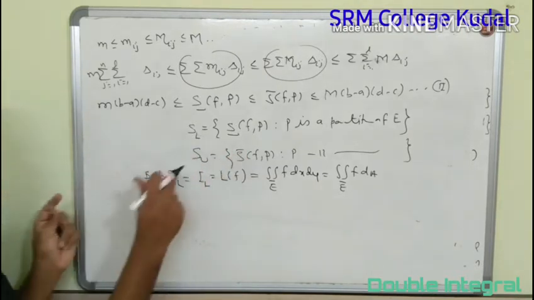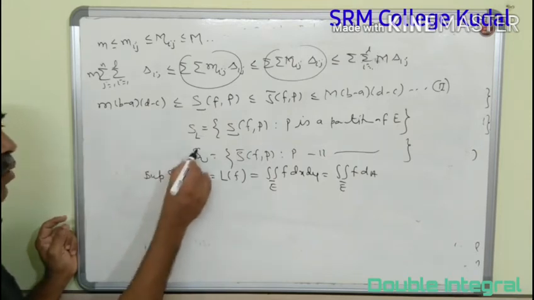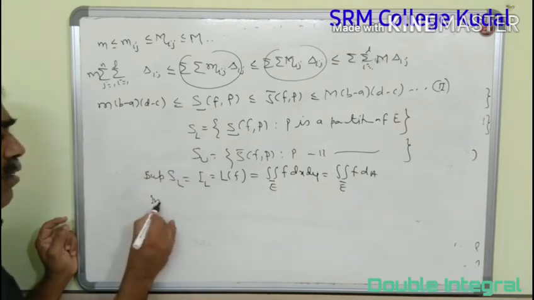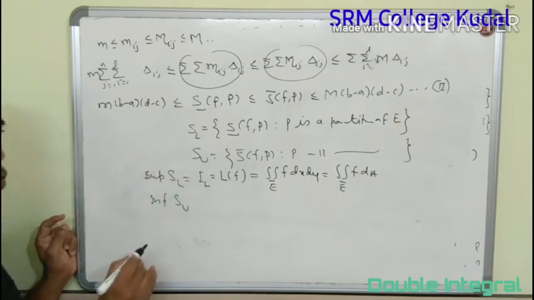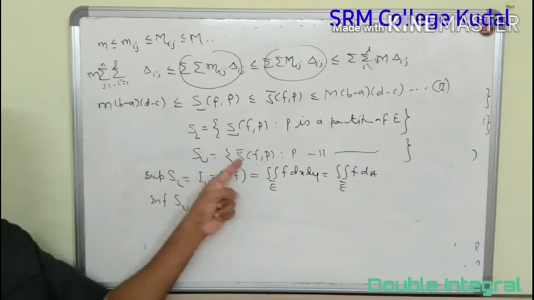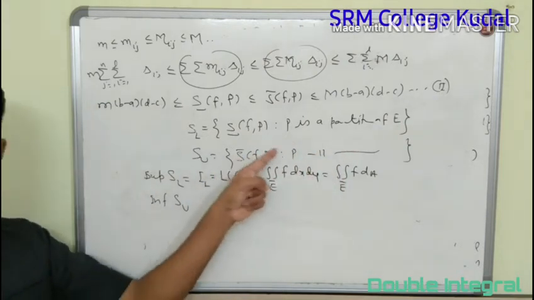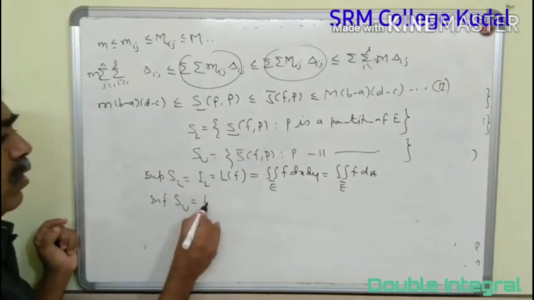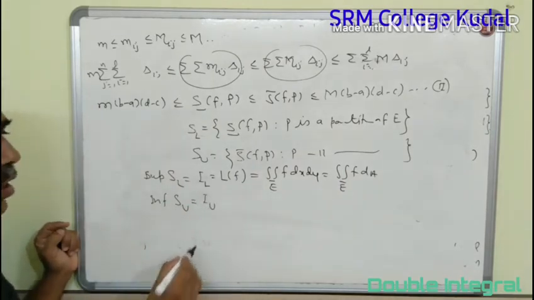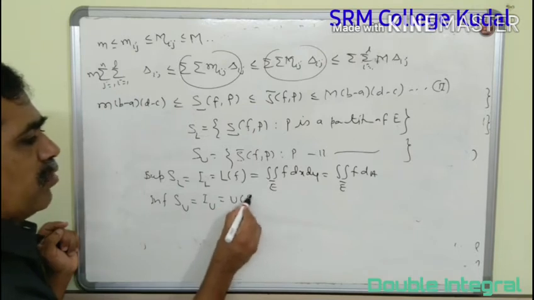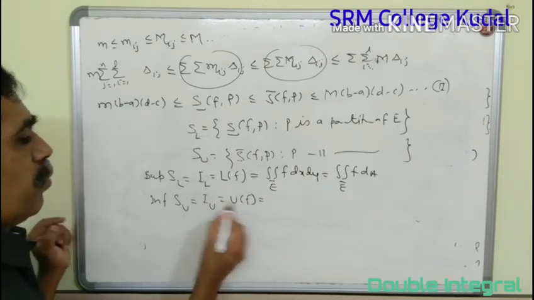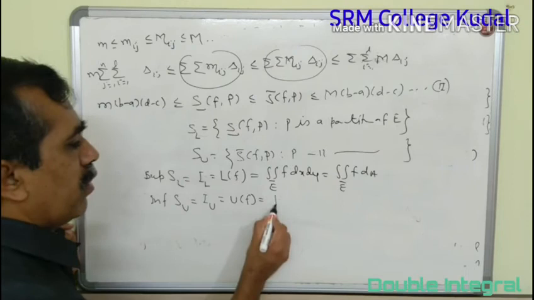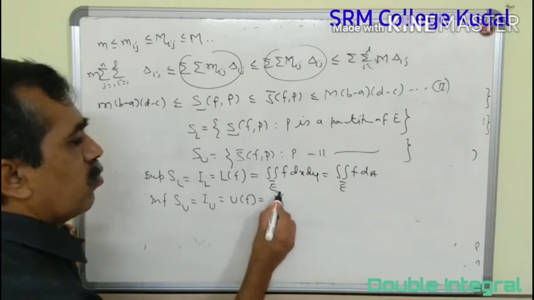What is the name for the smallest upper sum? That is the infimum of SU. SU is the set of all upper sums, and you are choosing the smallest one. So the infimum of SU, the smallest upper sum, is denoted by IU, the upper integral, and also by this notation.